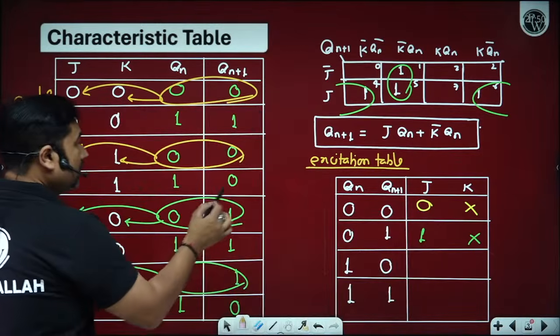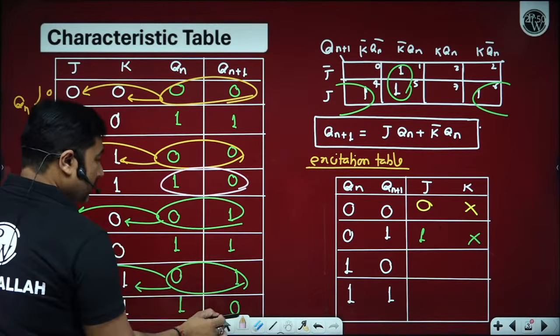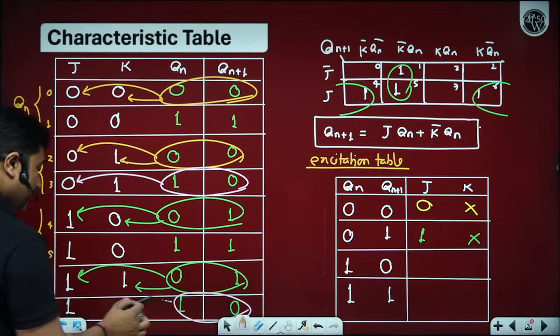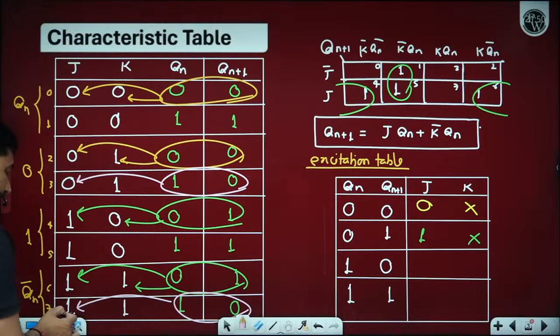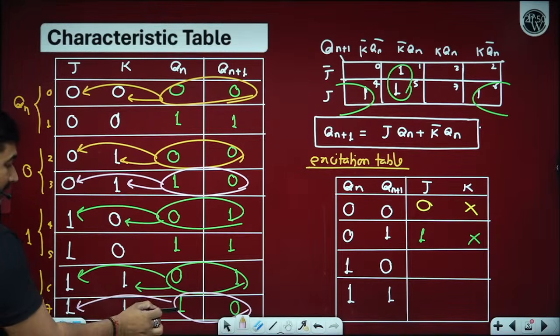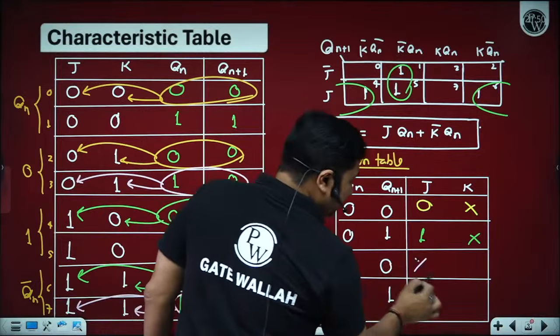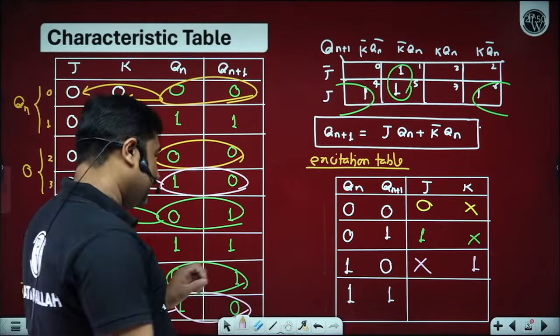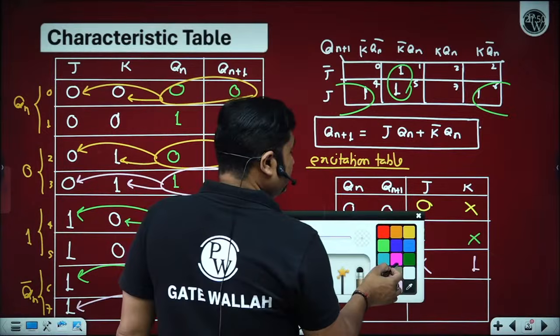And for 1 0, J may be 0, may be 1, but K must be 1. Up to this part already I have completed. Now observe for 1 1.